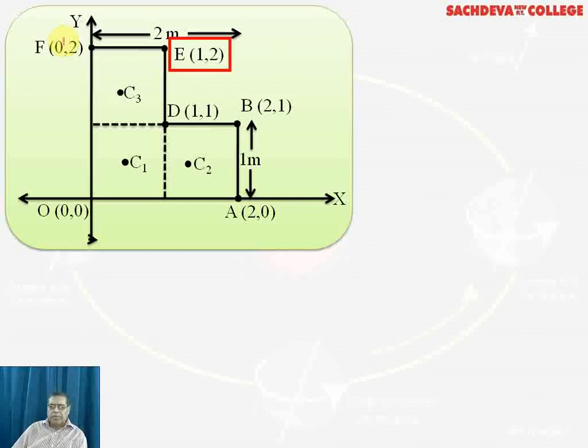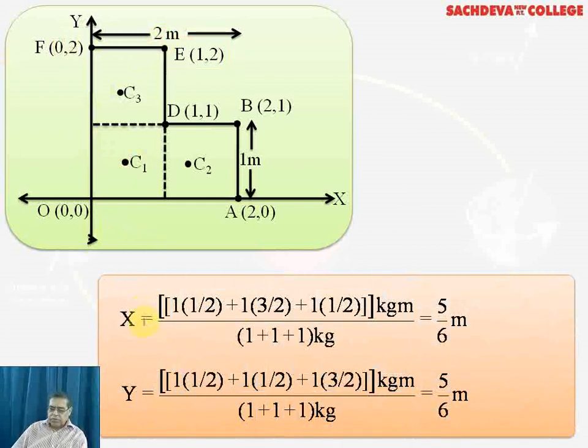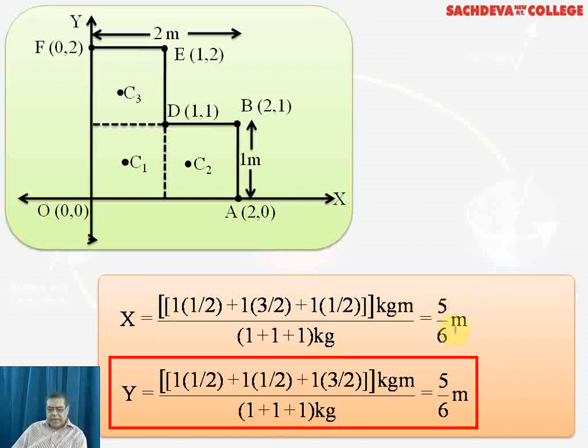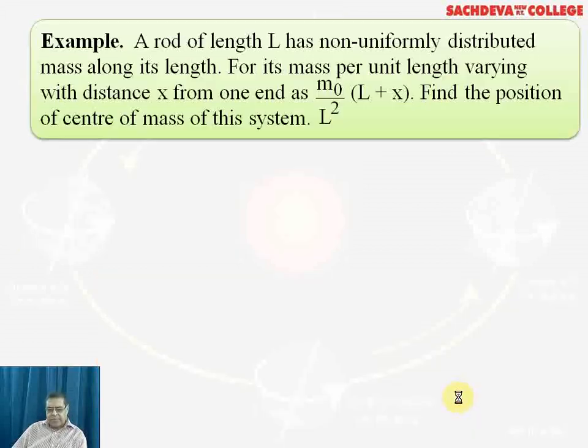Similarly, E is (1, 2): 1 is the length of point E on the x-axis, and 2 is the breadth of the same point along the y-axis. Now we use the formulas for the center of mass of x and y, which we have discussed earlier. We compute the values. So we get x as 5/6 meter and y as 5/6 meter.